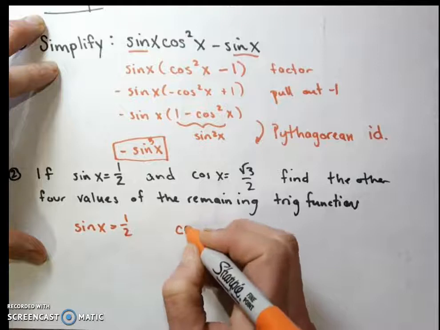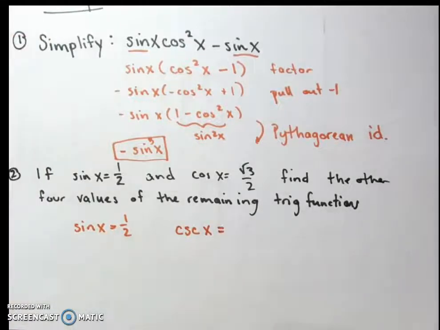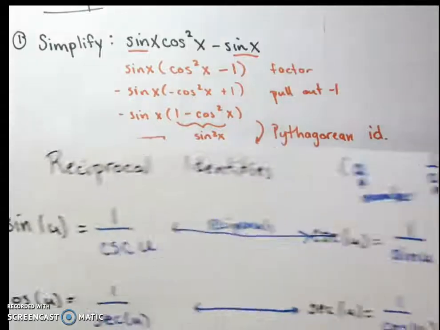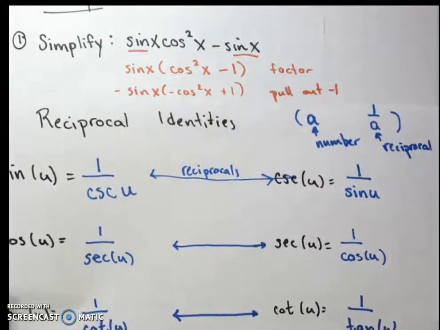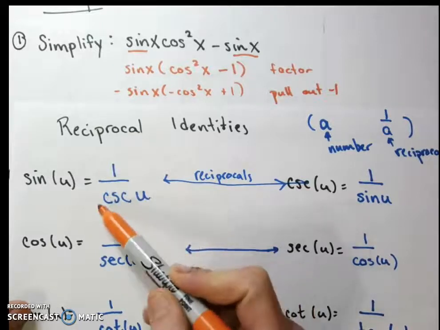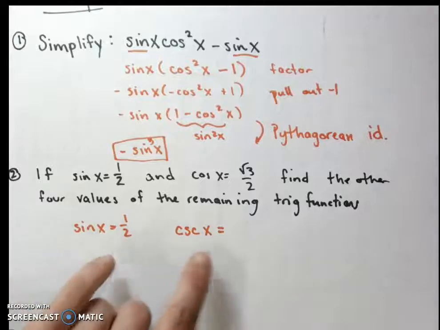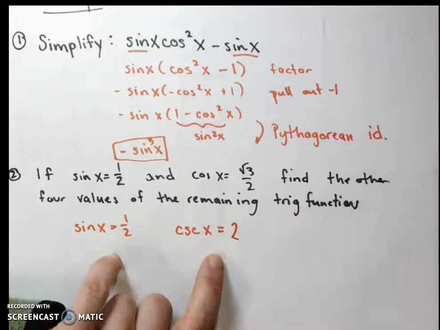Then there's a quick way that I could get cosecant of x. How do we do that? Well, take a minute and think about it. Sine and cosecant are related, but how? They're related as reciprocals. Remember from last time that sine is 1 over cosecant, so I can find cosecant by taking the reciprocal of sine, which means cosecant of x will be 2.